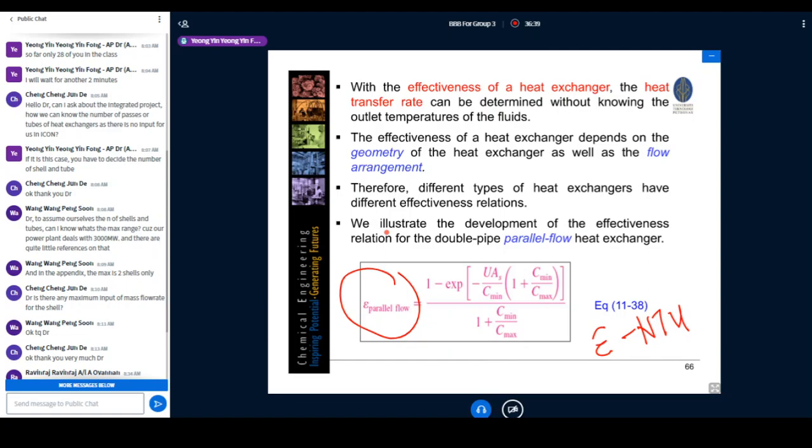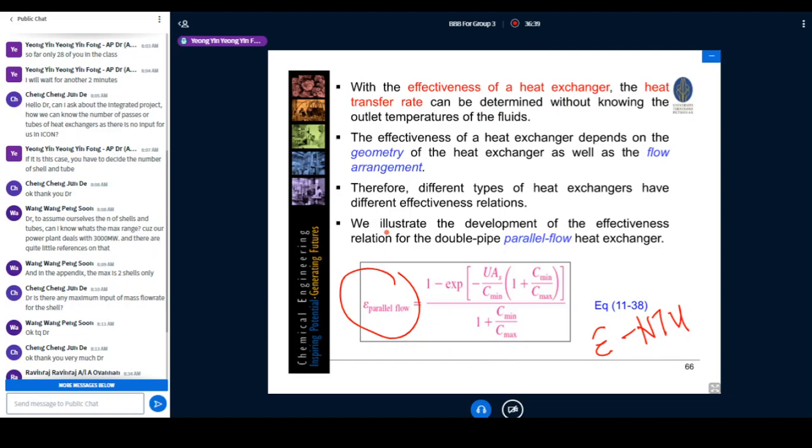You see, NTU is a function of surface area, isn't it? Thus, the larger the NTU, the larger the heat exchanger, meaning that the size of the heat exchanger will be larger if the NTU value is higher.